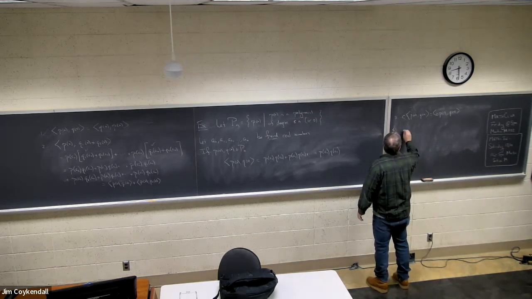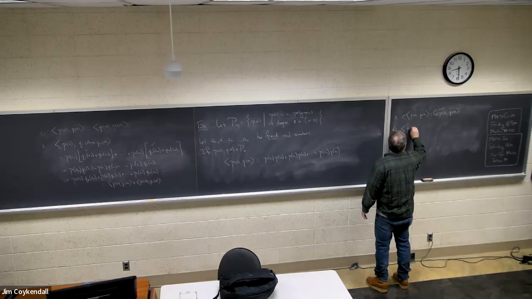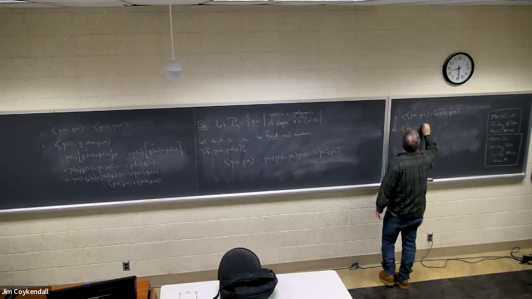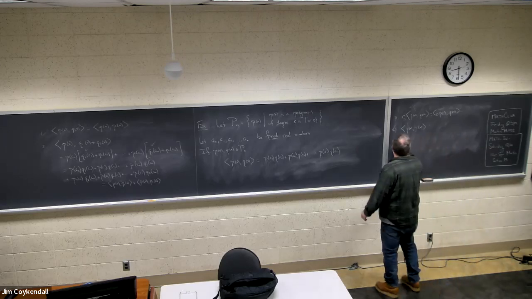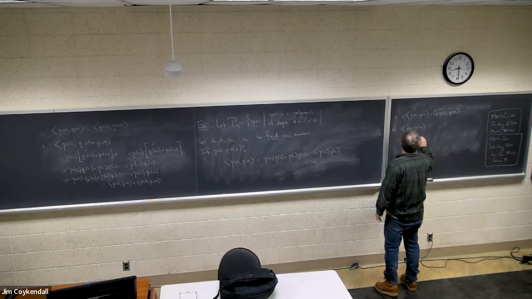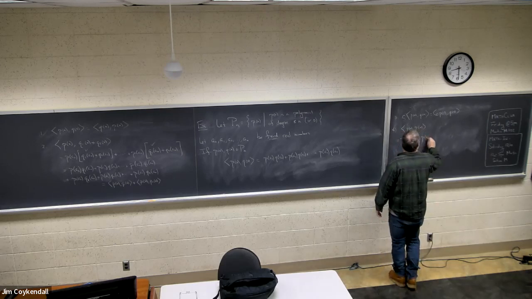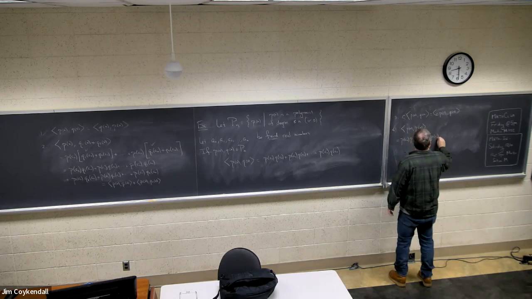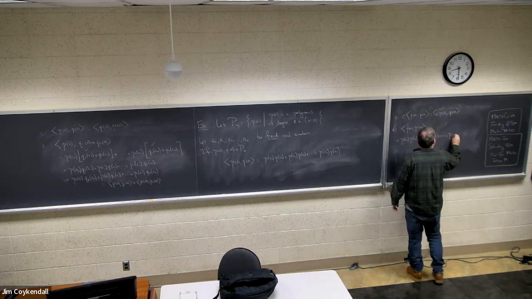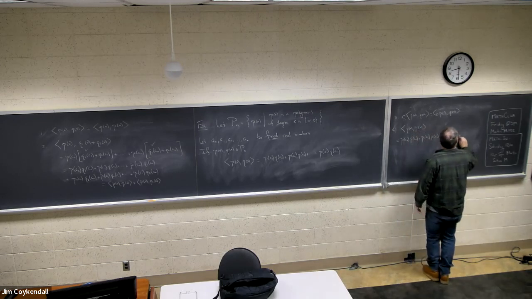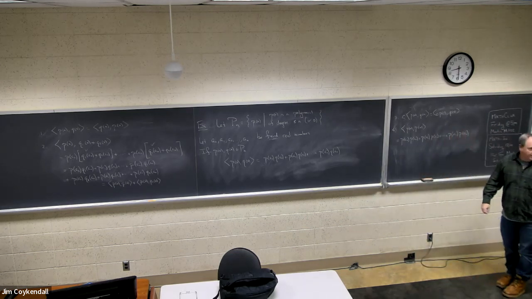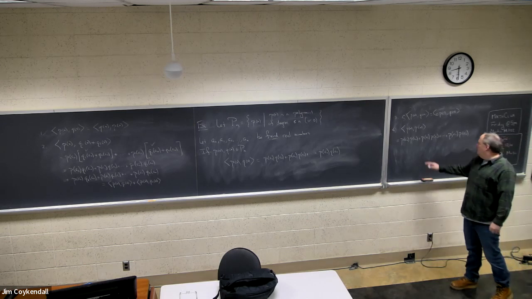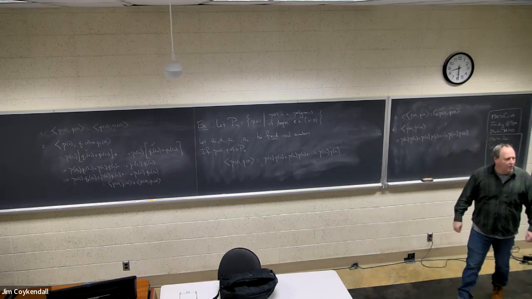What happens when I take the inner product of P of X with itself? This is P of A0 times P of A0 plus P of A1 times P of A1 plus P of AN times P of AN. Agree? Can anybody tell me why this is greater than or equal to 0?